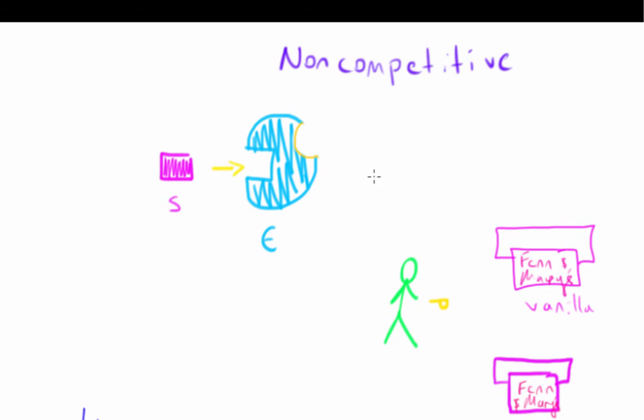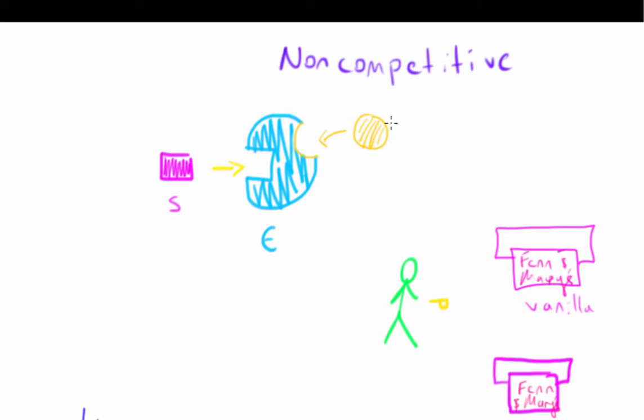And just like competitive inhibition, we need an inhibitor. Here's our inhibitor. The main difference between a competitive and non-competitive inhibitor is that a non-competitive inhibitor does not bind to the active site. It binds to this allosteric site. So it does not actively compete with the substrate for the active site.